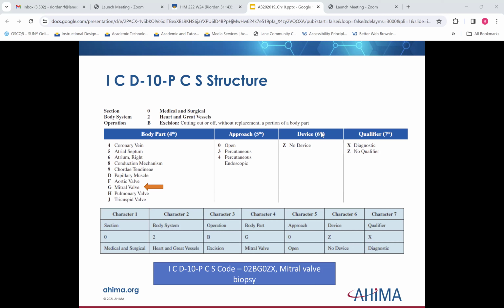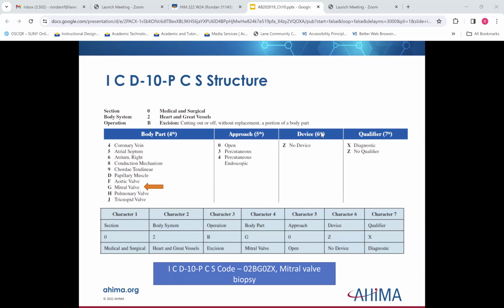So in this example here, right, we have an excision, we're doing a mitral valve procedure, so it's medical and surgical, that's the first category. So it's going to be 0, and then the body system is going to be 2 for the heart and great vessels.